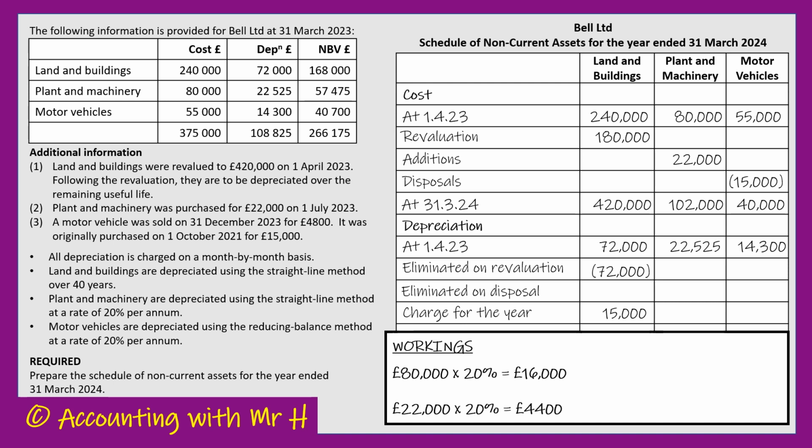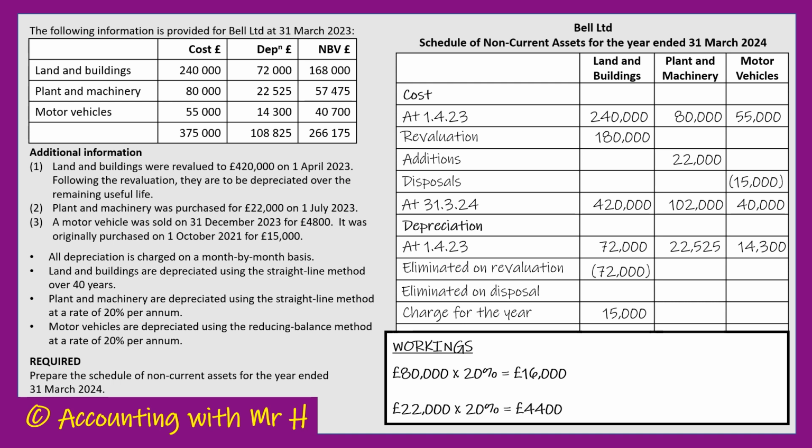If I go back to point 2, it tells me plant and machinery was purchased for 22,000 on the 1st of July 23, and we're going up to the 31st of March 24. So if I work out the months they've owned it for: July, August, September, October, November, December, January, February, March. They've owned these for 9 months of this financial year.